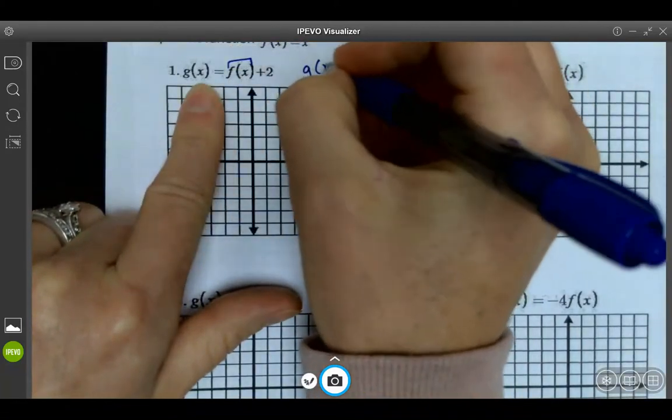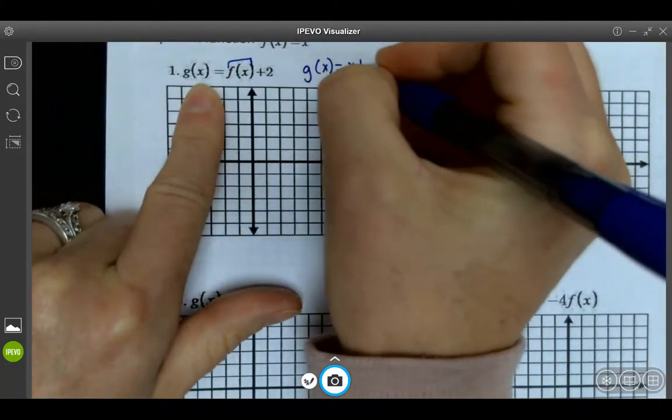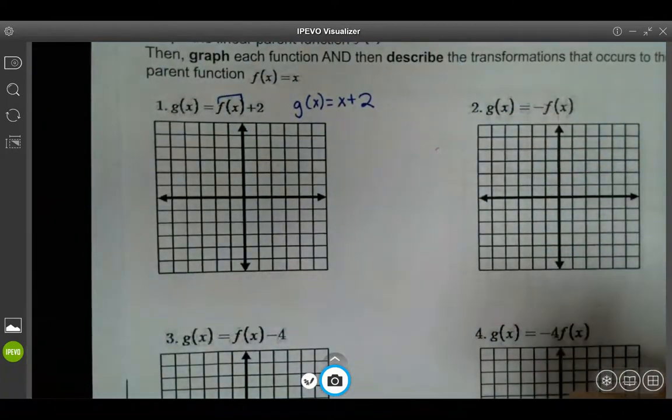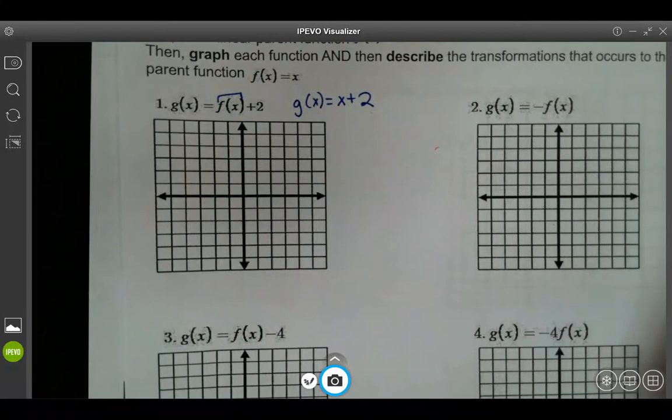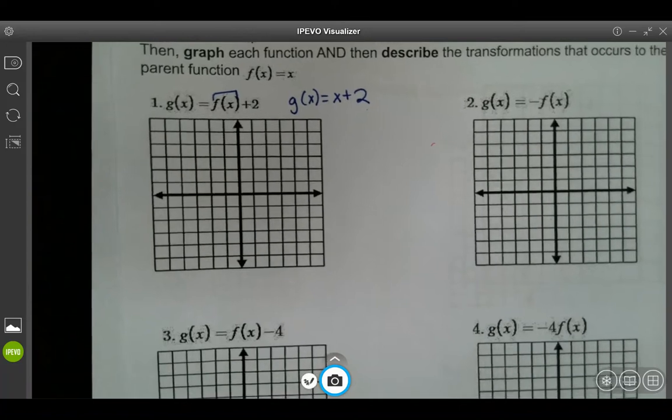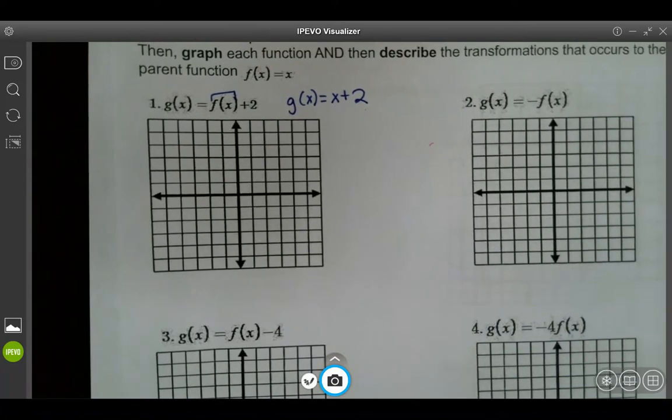So g of x equals x plus 2. You're going to graph that function and the linear parent function and then describe the transformation, whether it is translate, steeper, less steep, or reflect. That's how you'll describe it.